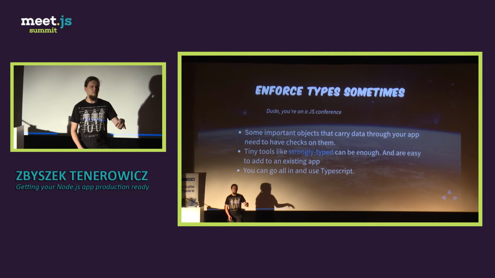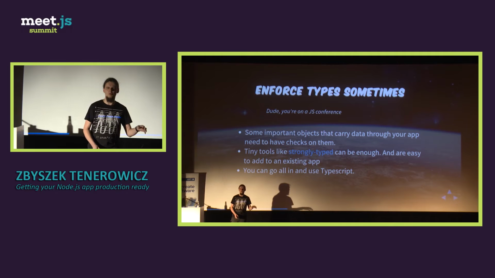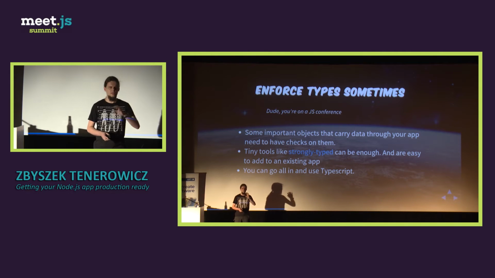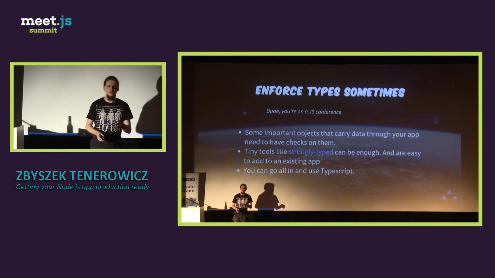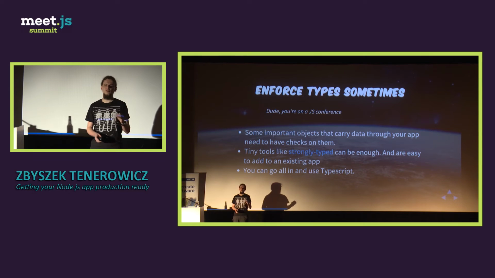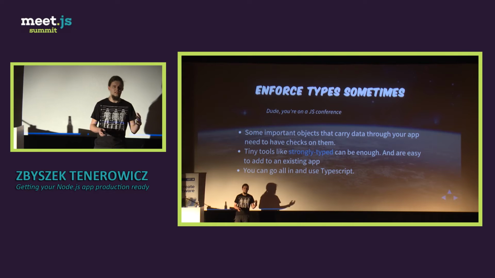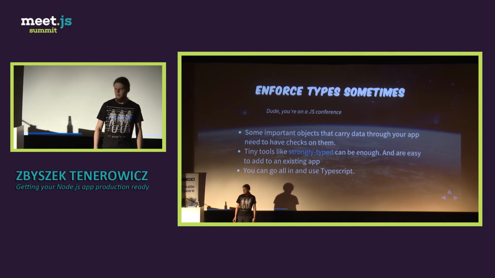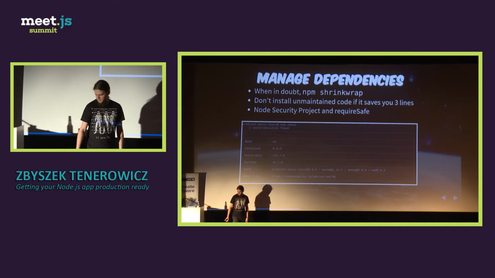I wrote it myself because the competition was kind of uncomfortable to use, and some didn't have tests. So you just define the shape of the object, and next time you deploy your app, you will get the error as soon as the object gets malformed, which is very comfortable because instead of getting input and saving it, you will throw an error to the user immediately and get your feedback. But yeah, consider TypeScript.